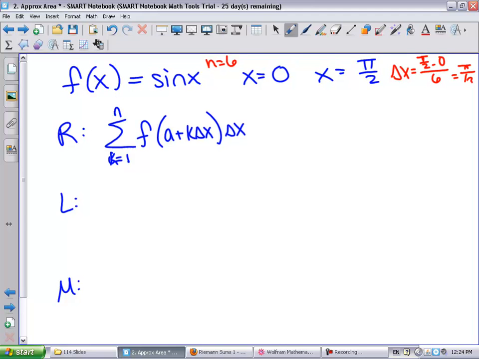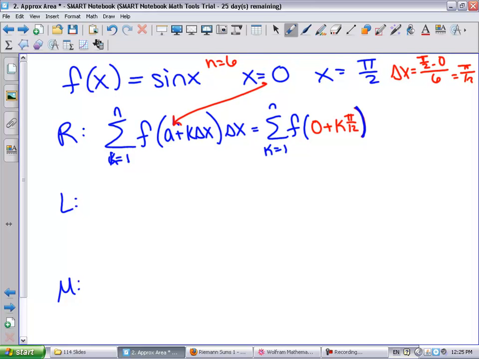All right, so that means that for the right Riemann sum, we've got k going from 1 to n, f of, well, a here is 0. So 0 plus k times pi over 12. So that's your xk bar right here, the 0 plus k pi over 12.